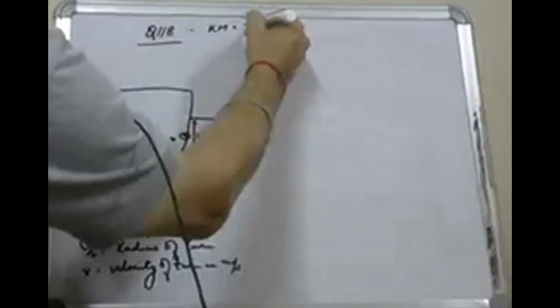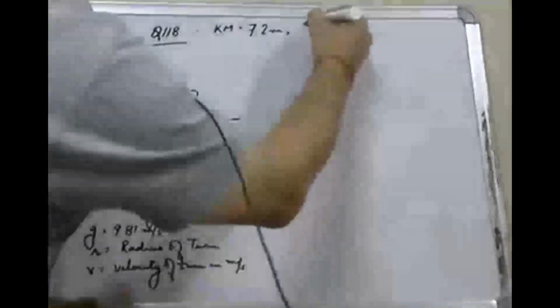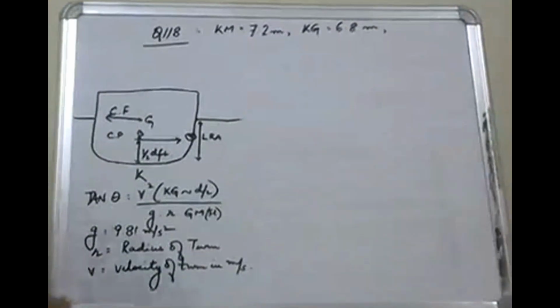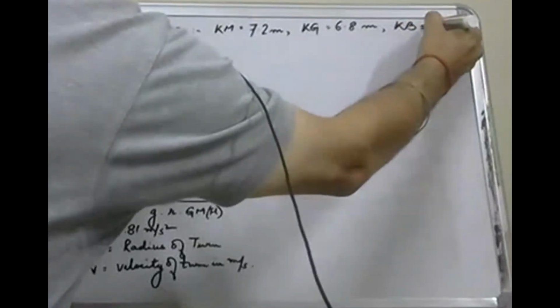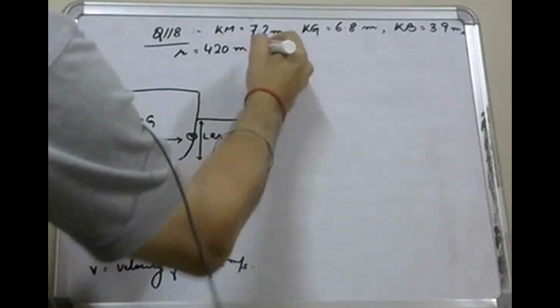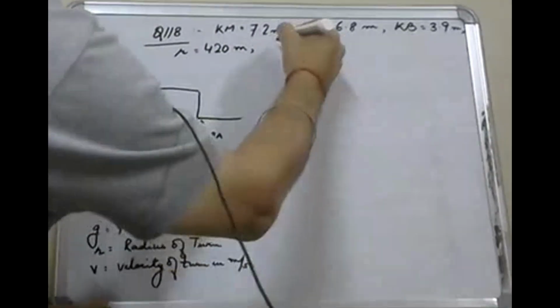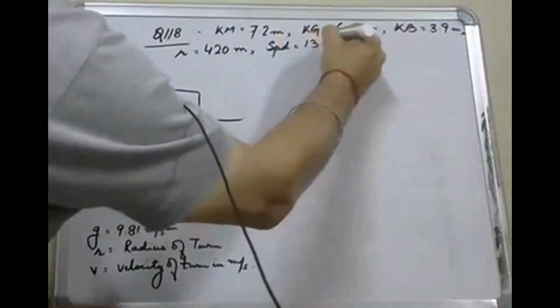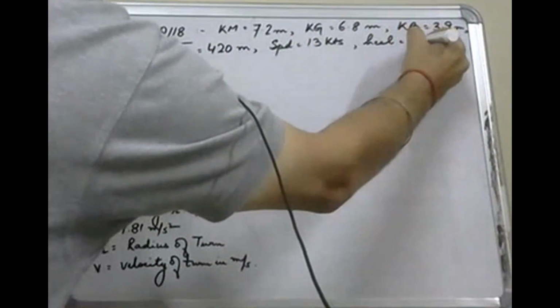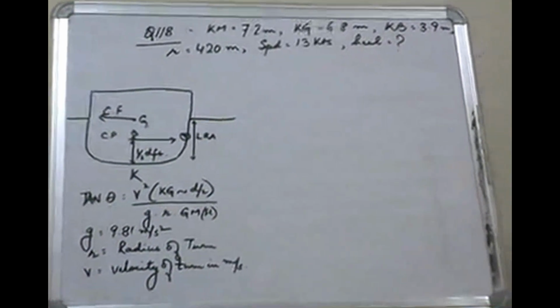It says a ship with KM 7.2 meters, KG 6.8 meters, KB, circle of radius 420 meter, speed 13 knots. Calculate the heel produced.